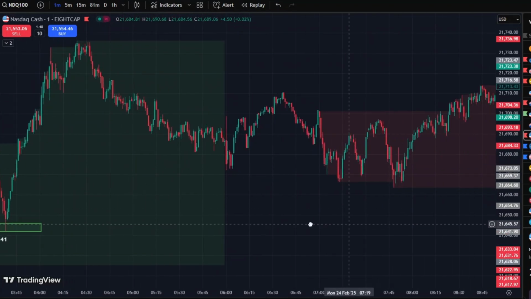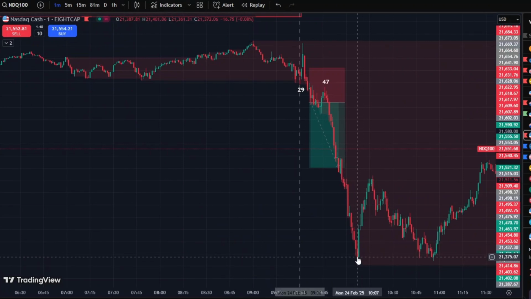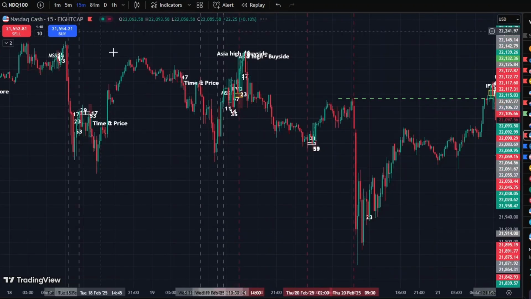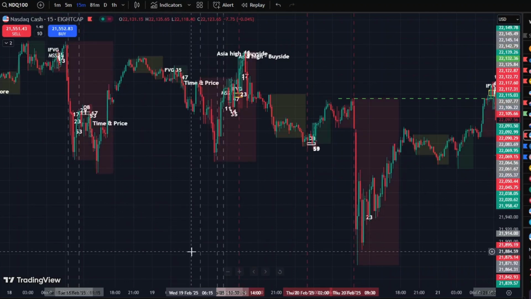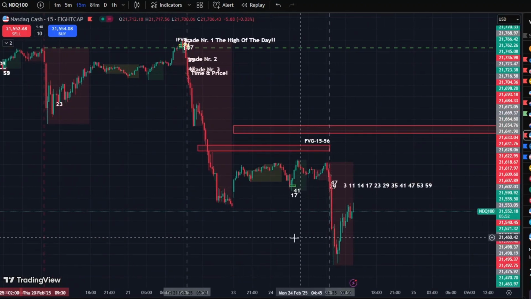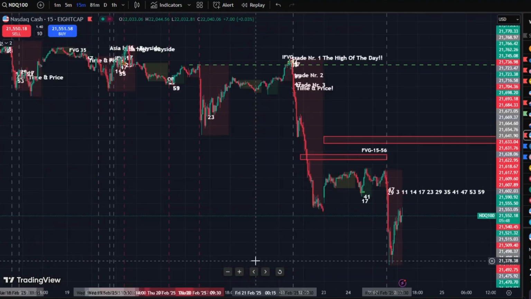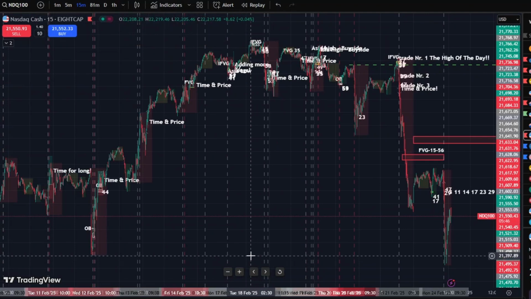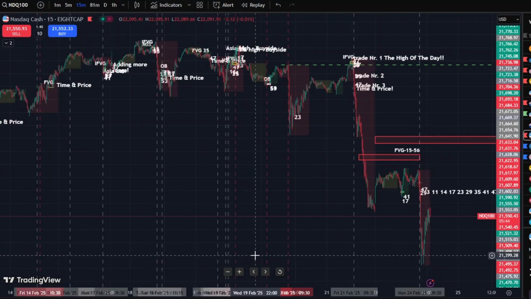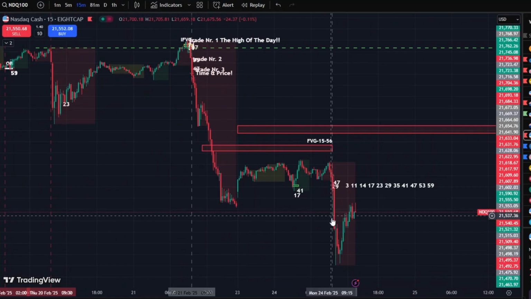So let's get back to New York session and see this sweep, how it happened. We are here. This is today's price. It swept this low, so it swept yesterday's low, of course, but it kept going.